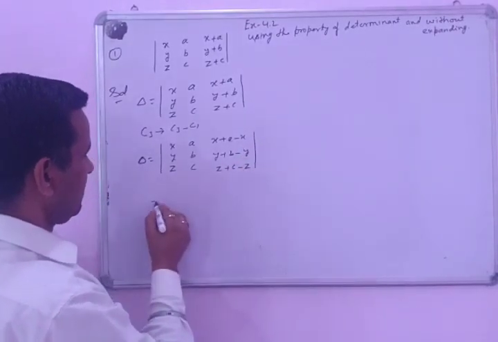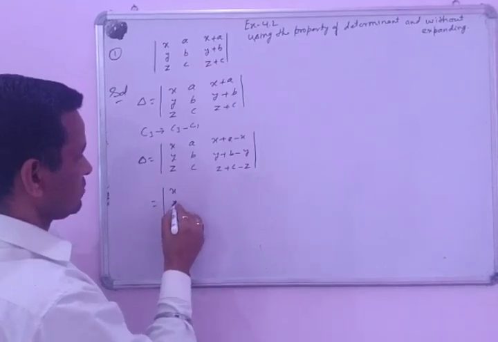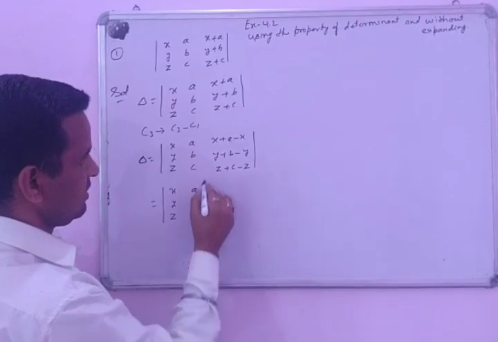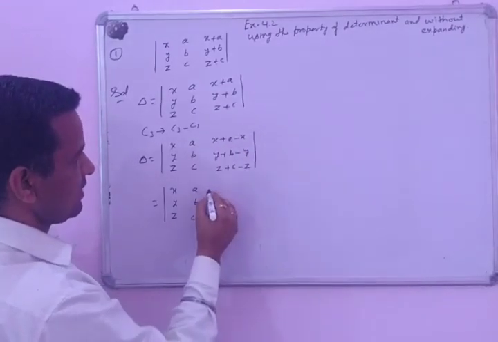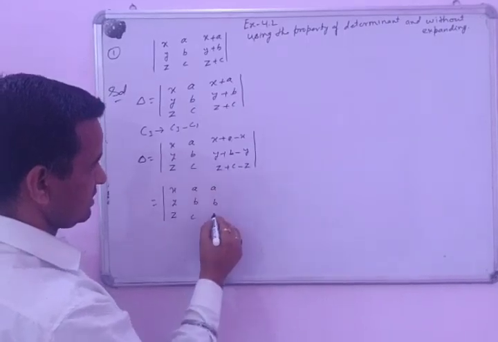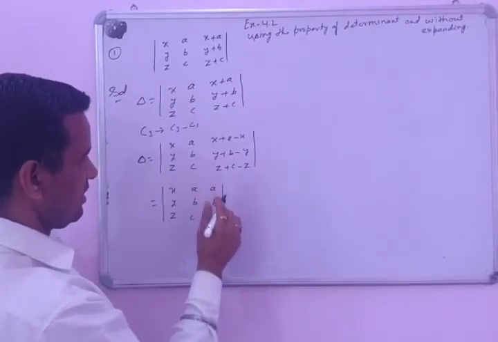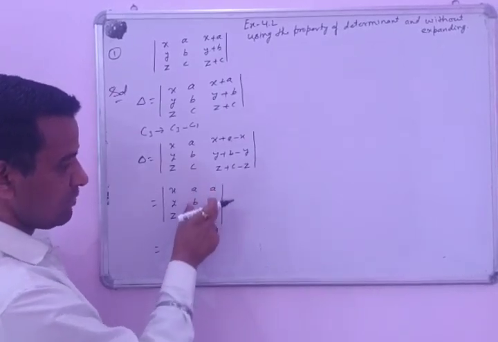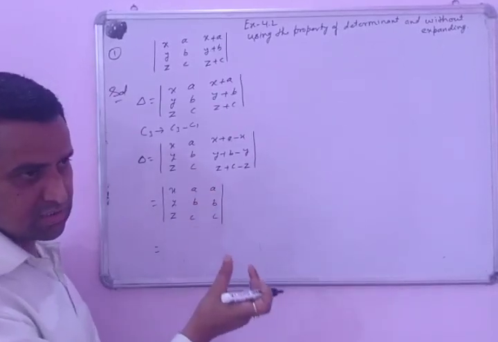What is left here? x, y, z, a, b, c will remain as they are. What is left here? A. What is left here? B. What is left here? C. This will be cancelled. So any determinant having two columns identical, its value is 0.